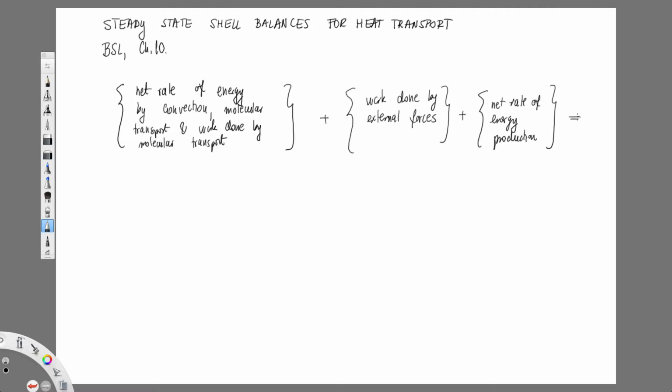When I sum all of that up, at steady state, I should have a 0. And if it's not a steady state, then it's a net rate of change in time. Okay? So that should be simple enough.